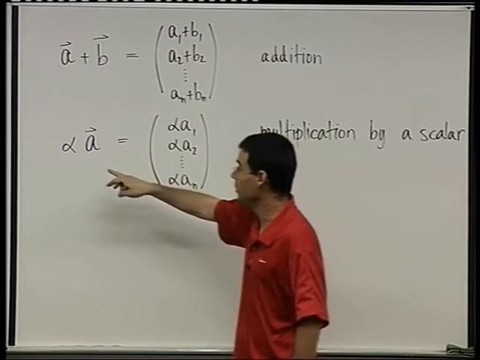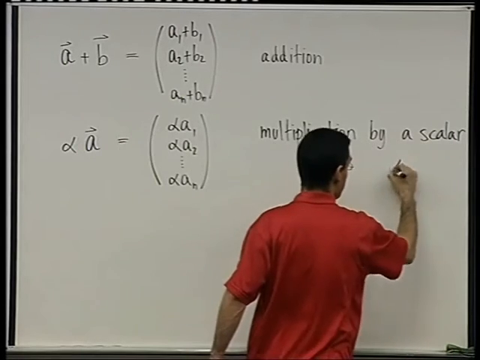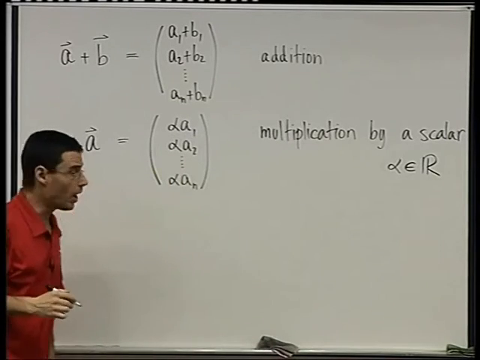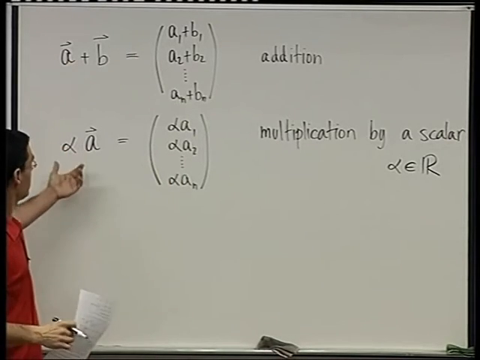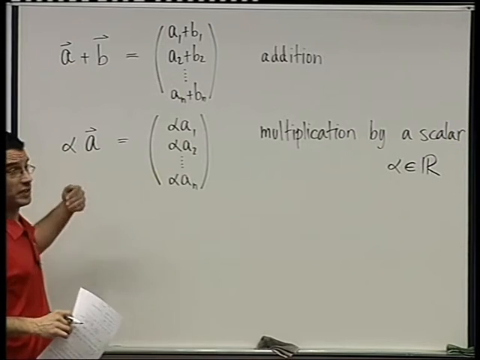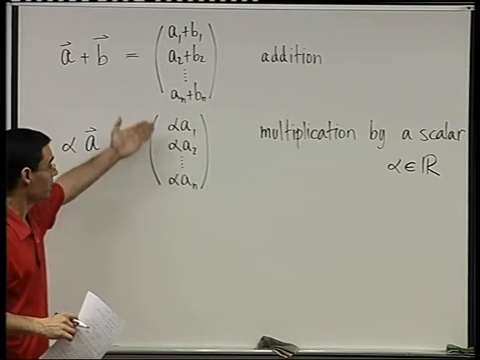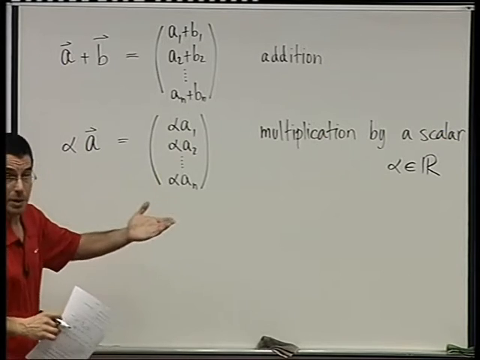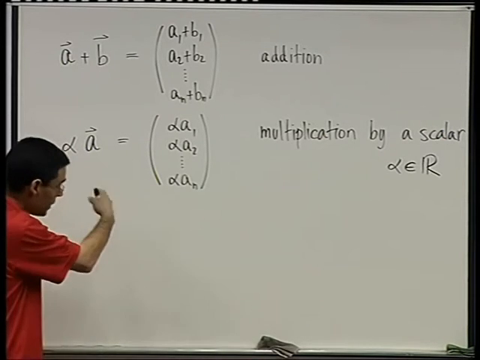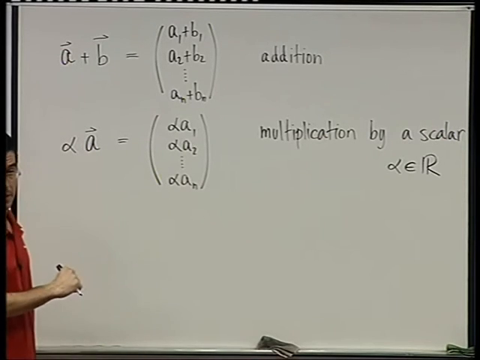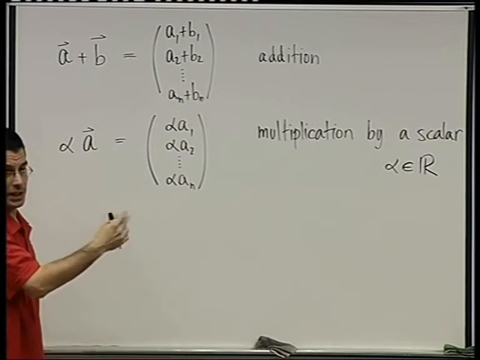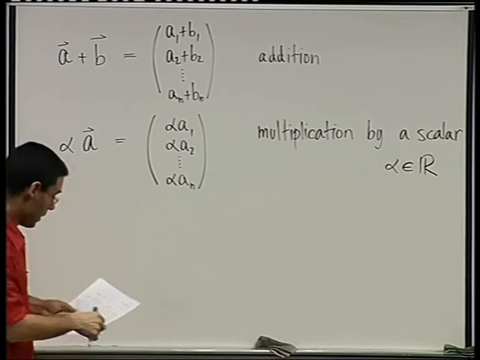So here our field is R, so these alphas come from the field R. The reason they're called scalars is because what we're doing is scaling the vector. If we had a vector, multiplying it by 2 is scaling it by 2. And we'll see the geometric interpretation of this in a minute, and that gives more meaning to this idea of scaling and multiplying by a scalar.